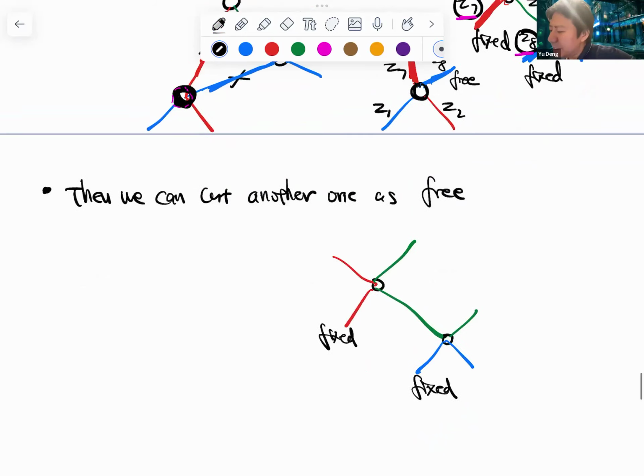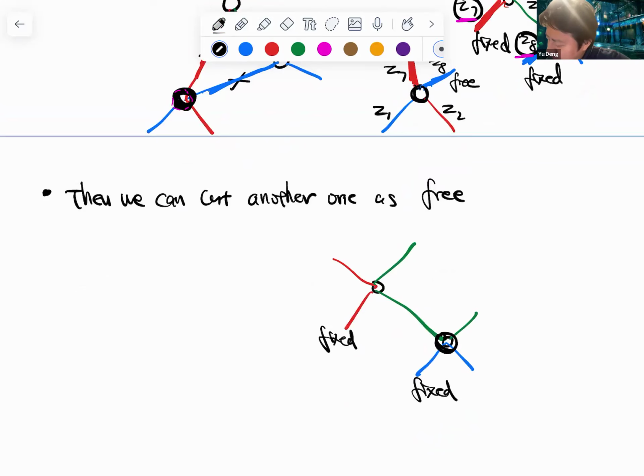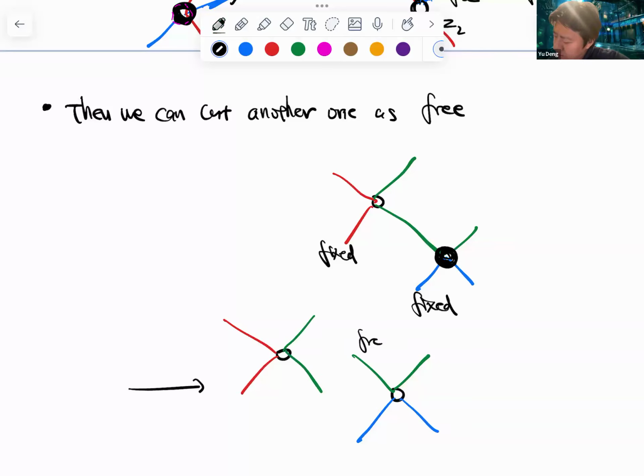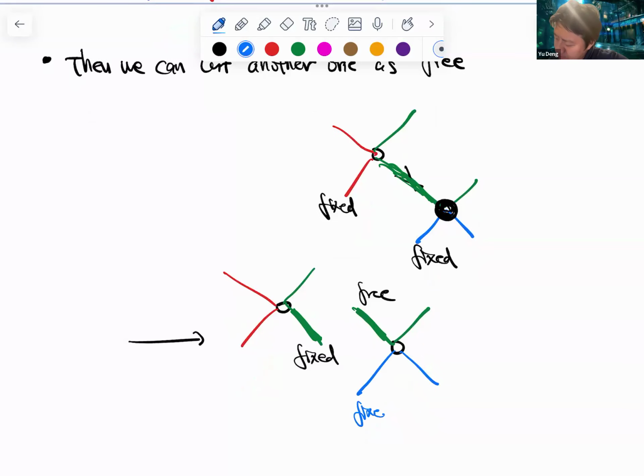This is fixed. Okay, and then we cut this as free. How do we cut it as free? We turn this into this and this. And we have another one here. Now you see this should be free and this should be fixed. Again, we're cutting this here, and this green edge is turned into one free and one fixed. And of course, here is also fixed, and here is fixed.